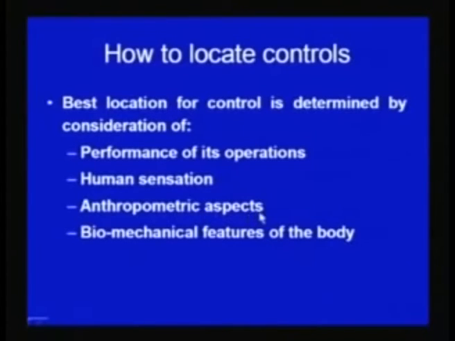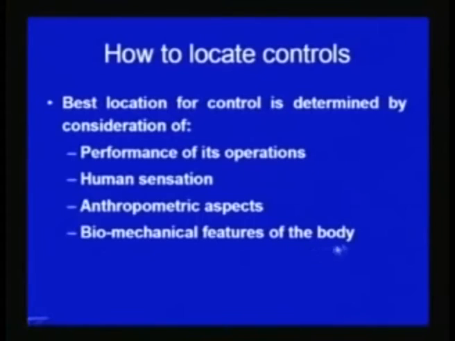Anthropometric data indicates the maximum or minimum range which can be covered if it is located at a particular place, and the average anthropometric data of the human beings who will use a given set of control or display devices. Biomechanical features indicate the kind of forces, speed of movement, and accuracy of movement which is possible by the body part expected to perform the controlling of the device.